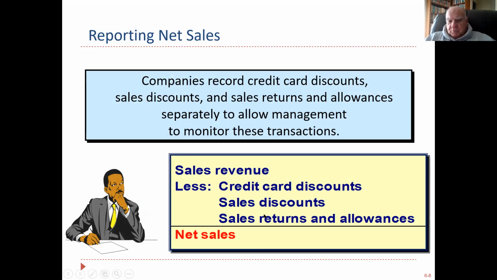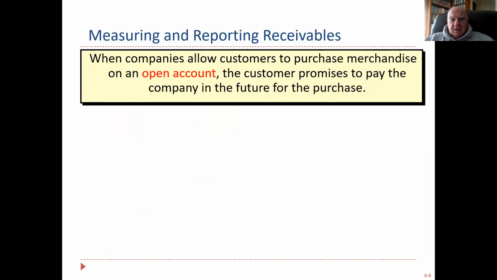And naturally, customers returned things or negotiated a lower price or something. This gives you what are called net sales. So this is your first template you got to be very familiar with. It's the start of a new, much longer income statement. Gross sales minus these three contra accounts gives you net sales.